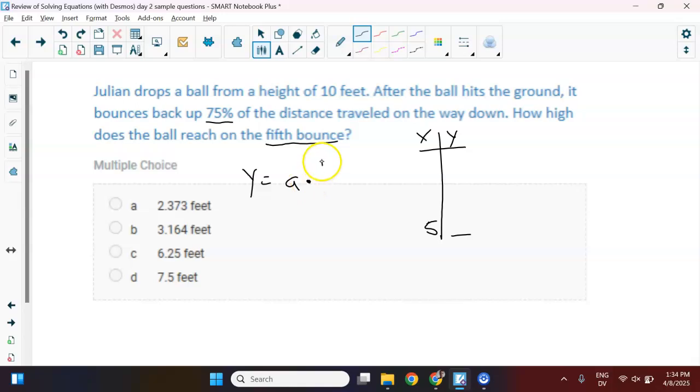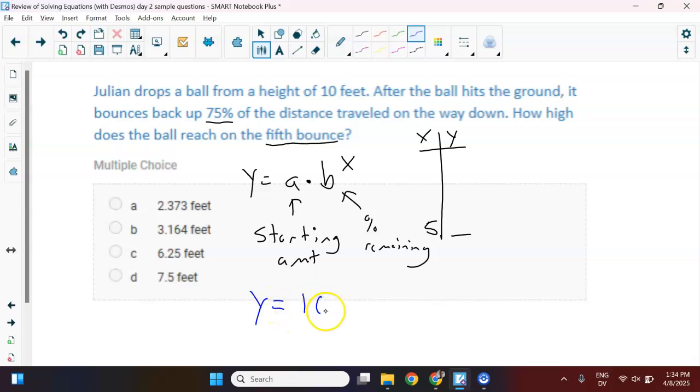So if you remember exponentials, the general form looks like this, where a is the starting amount, or height in this case, and b is the number you multiply by, which in this case is actually the percent remaining. So see if you can write the equation quick, and then type it into Desmos.